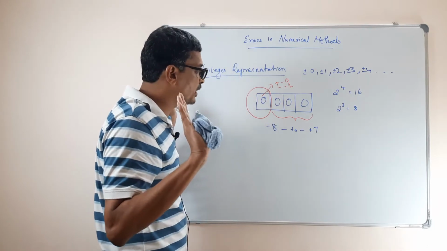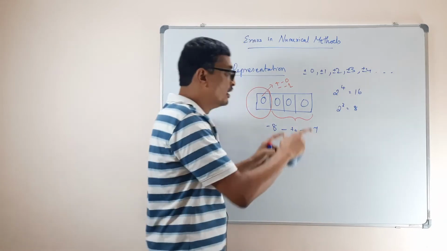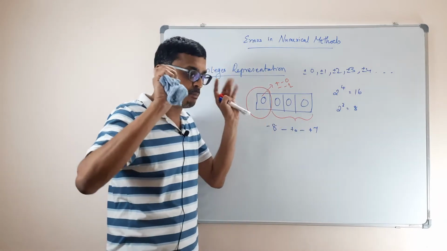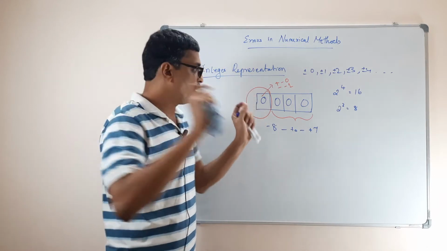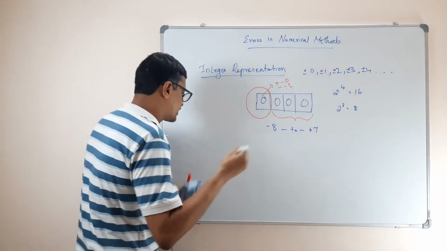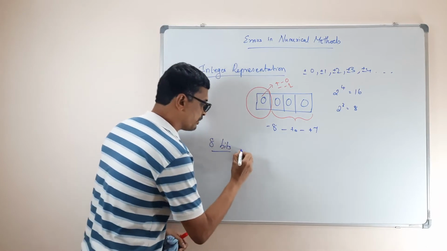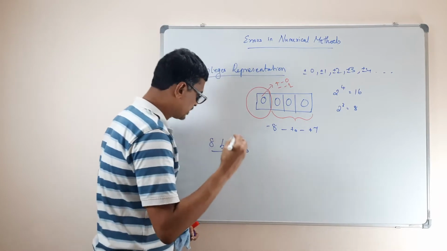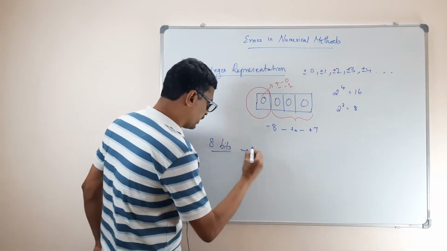If my whole mathematics is going to deal with numbers between minus 8 and plus 7, the computer is going to represent these numbers exactly. Am I making it clear? So if I have more and more bits, let us take 8 bits, and I allocate 1 for the sign, so it becomes 7.